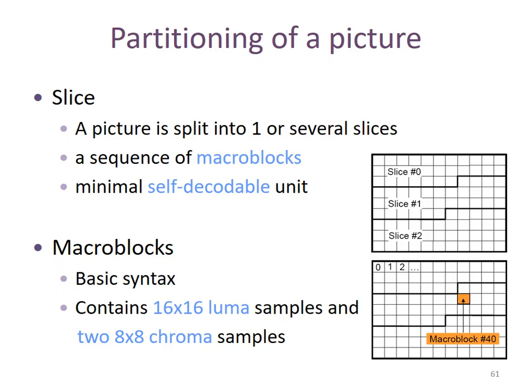If we consider a series of macroblocks, maybe this is the first part of slice number 0. And then from this position, we can go back to form slice number 1 and slice number 2. If we have different partitions within the images, then we can create different slices. A macroblock contains a 16 by 16 luma and chroma component.